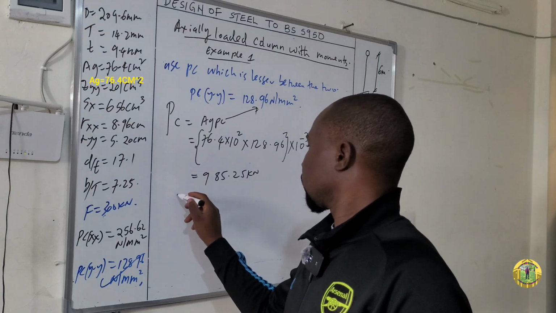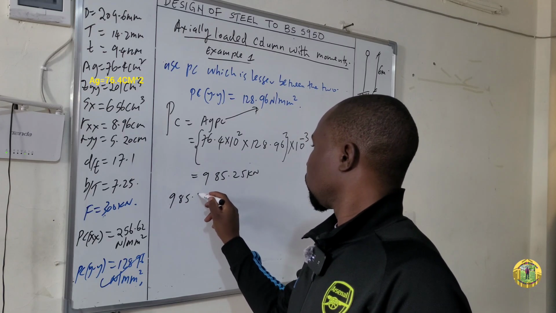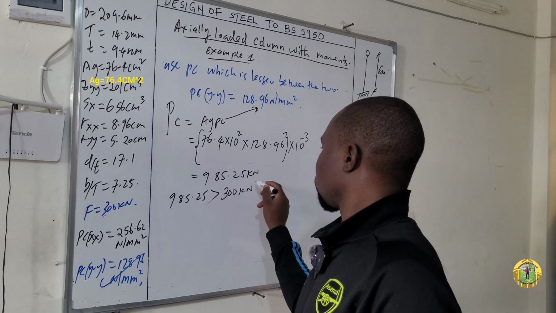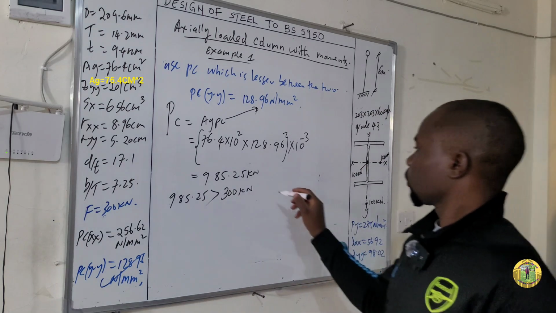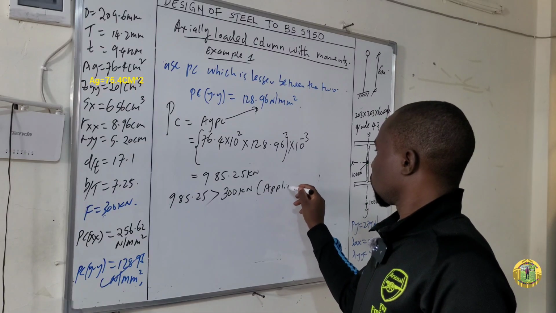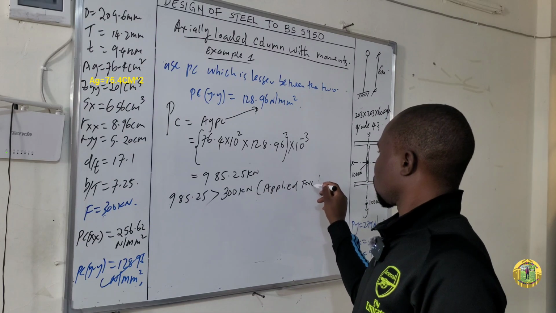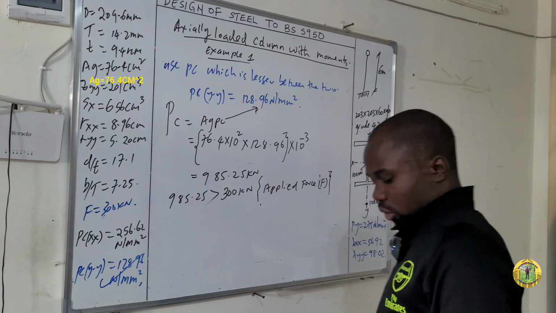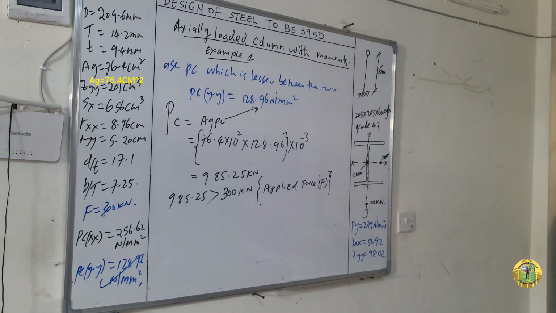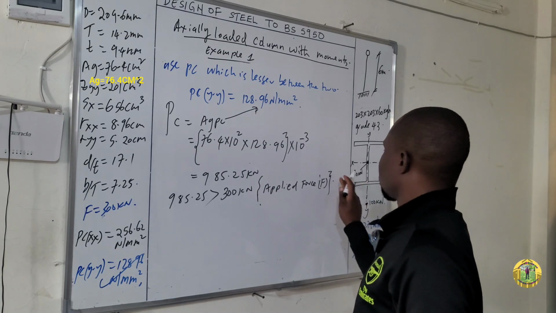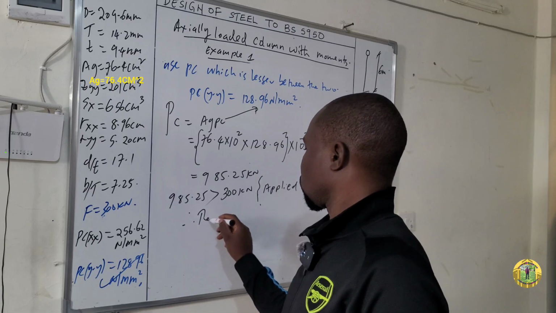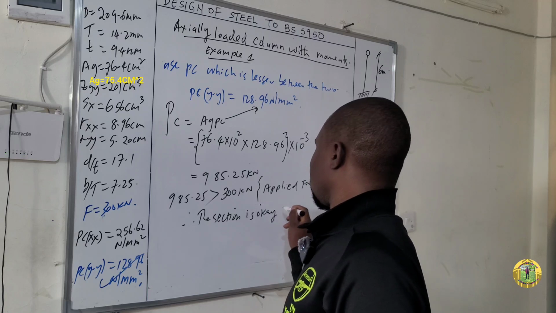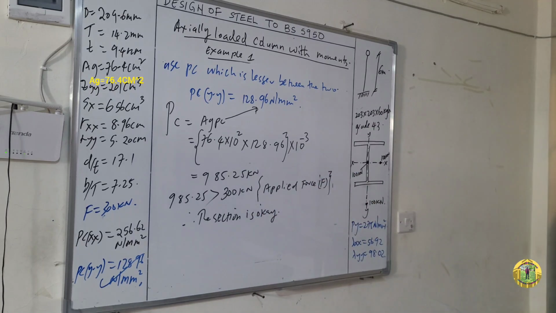So this 985.25 is greater than 300 kilonewton. So this is the applied force, which was F. So you will say, therefore, the section is okay.